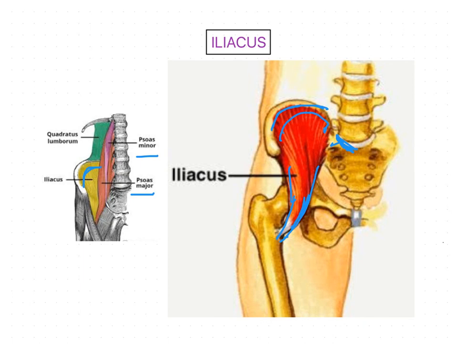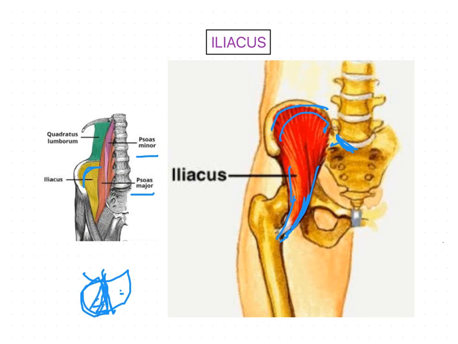If you see this iliacus muscle insertion, as we know, the anterior surface of the lesser trochanter is divided into a medial part and a lateral part. So this iliacus is inserted into the lateral part of the anterior surface of the lesser trochanter.